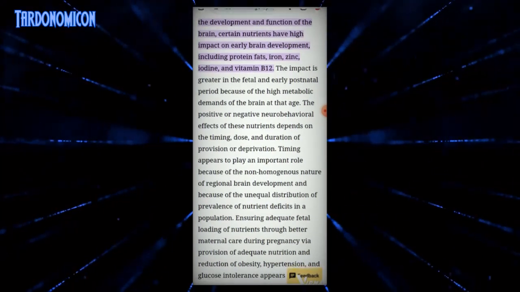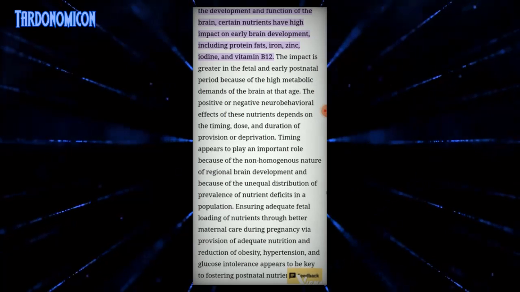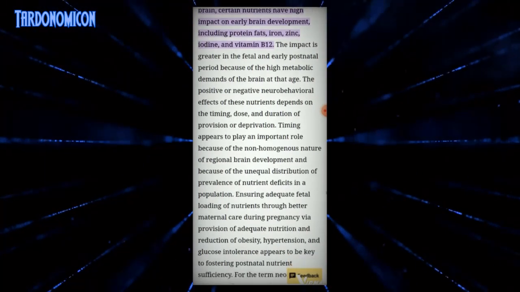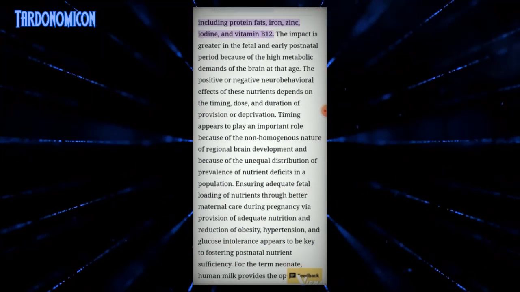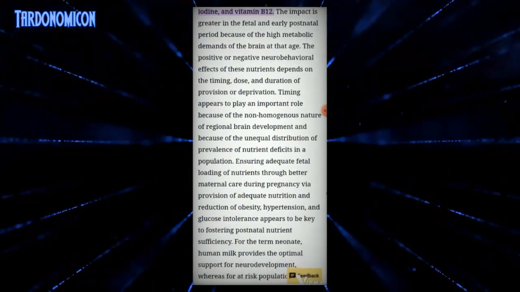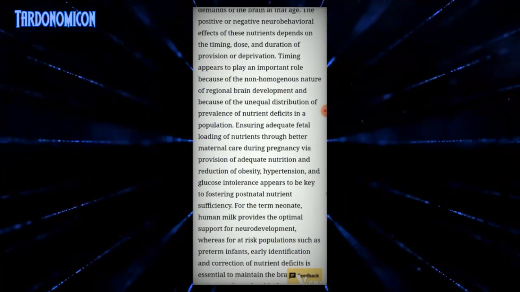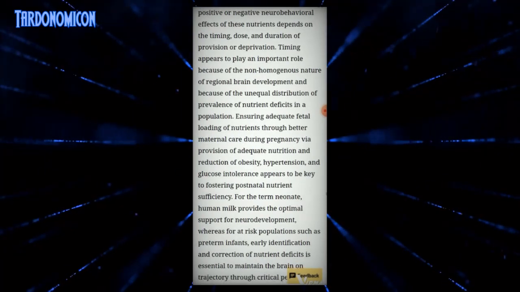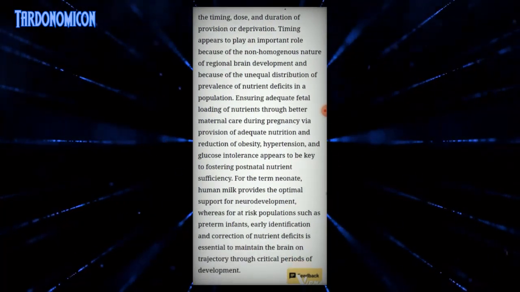The impact is greater in the fetal and early postnatal period because of the high metabolic demands of the brain at that age. The positive or negative neurobehavioral effects of these nutrients depend on timing, dose, and duration of provision or deprivation.